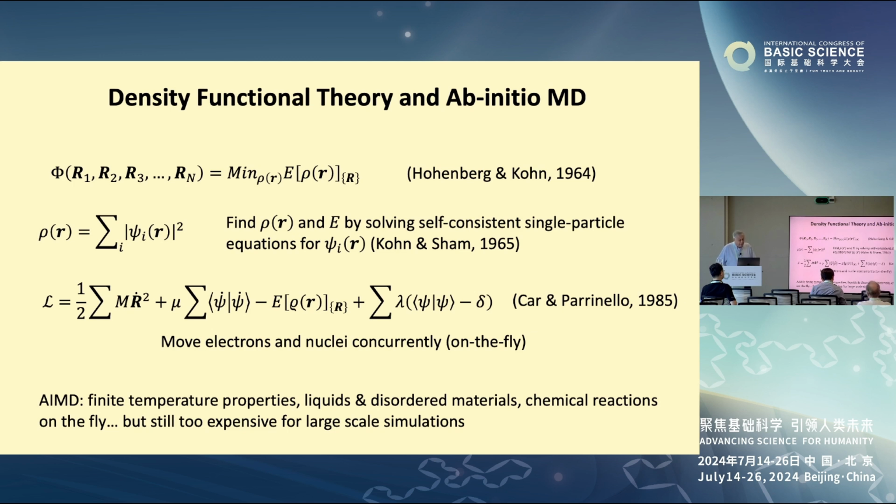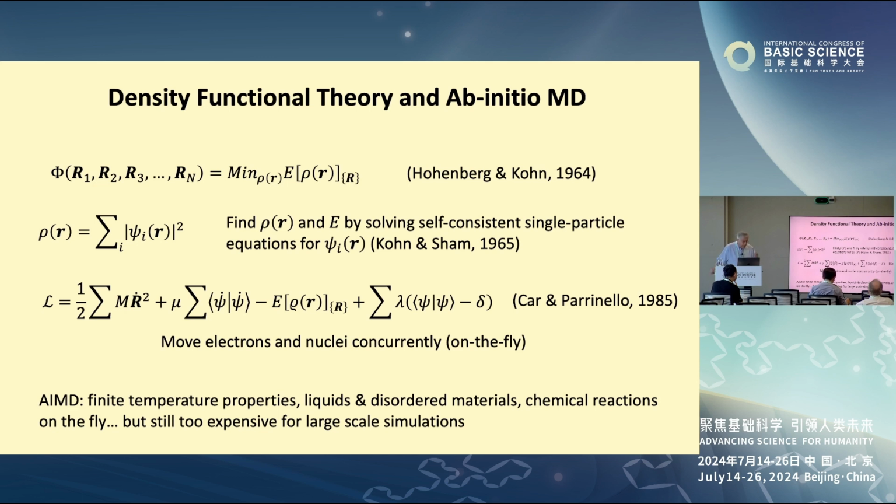That the ground state is a functional of the density was established in a paper by Hohenberg and Kohn, and subsequently Kohn and Sham introduced auxiliary single particle wave functions in terms of which to represent the density.